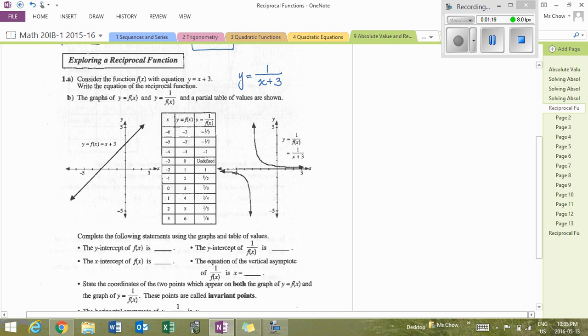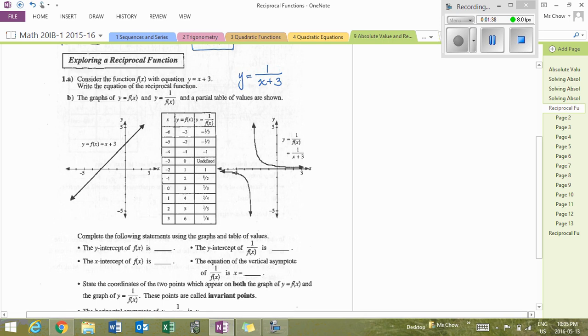And so you can then go ahead and graph those, or I think they've actually shown you what the graph looks like. The graph for y equals x plus 3, of course you guys recognize slope of 1, y-intercept of 3, x-intercept of negative 3.